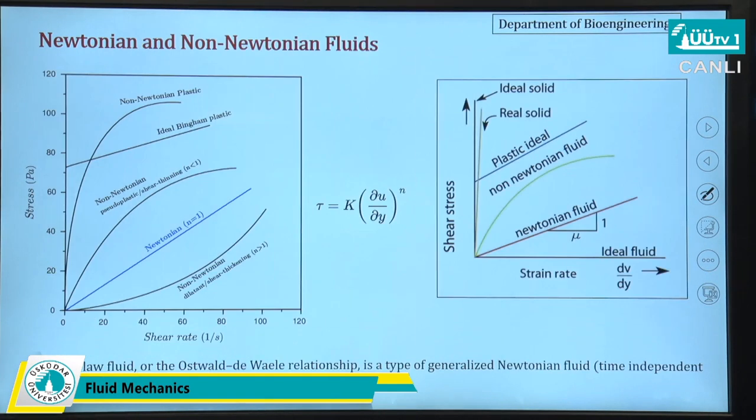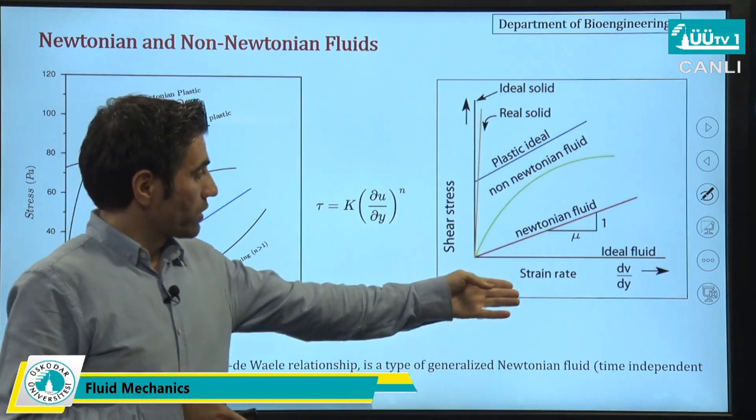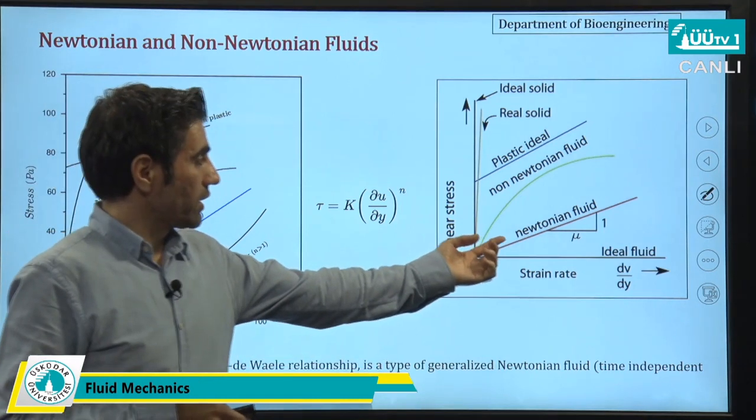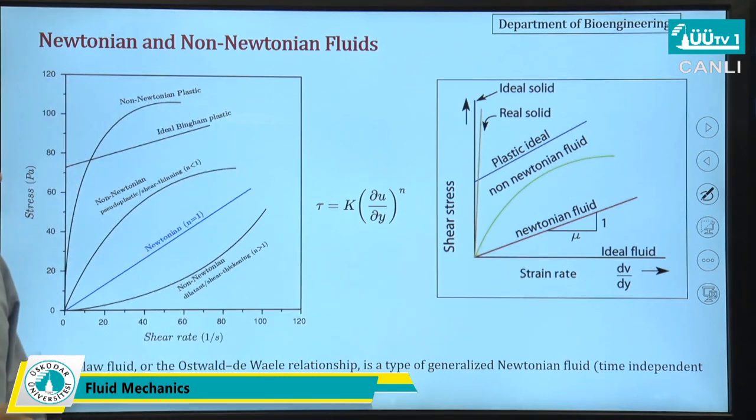Okay, here, as I said before, for fluids, the shear stress is proportional to the shear rate or strain rate. For Newtonian fluids, we can easily calculate the viscosity from this straight line. For the ideal fluid, we know that the viscosity equals 0. And here we face some fluids whose behavior changes with shear rate, but not in a straight line, but in a different pattern, as you can see here.